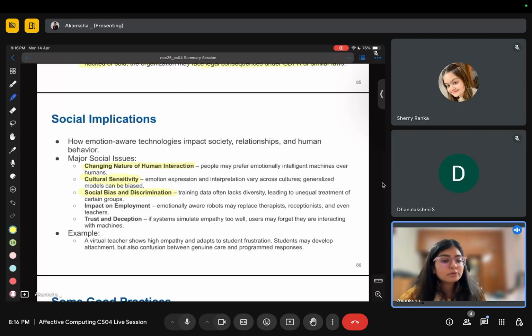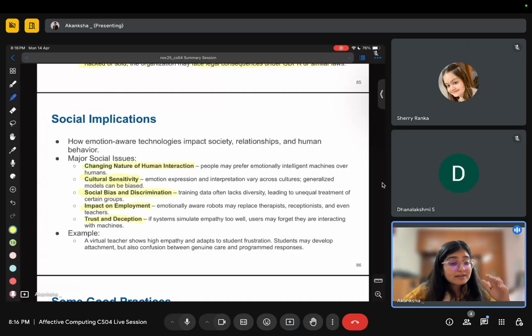आपने जैसा डेटा दोगे मॉडल वैसा ही बनेगा. फिर आता है impact on employment. So emotionally aware models, they can just not replace actually, but still they can impact the job scenario. Then trust and deception.